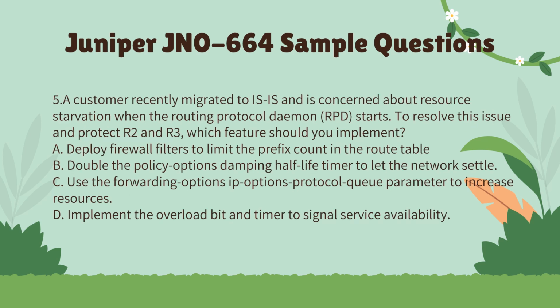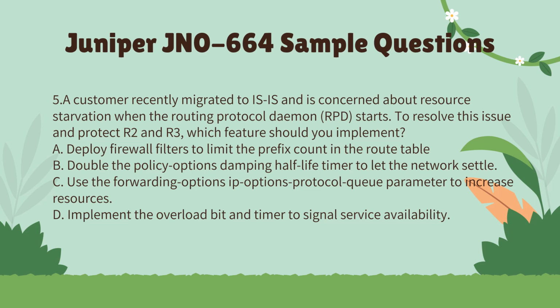5. A customer recently migrated to IS-IS and is concerned about resource starvation when the routing protocol daemon, RPD, starts. To resolve this issue and protect R2 and R3, which feature should you implement? A. Deploy firewall filters to limit the prefix count in the route table.